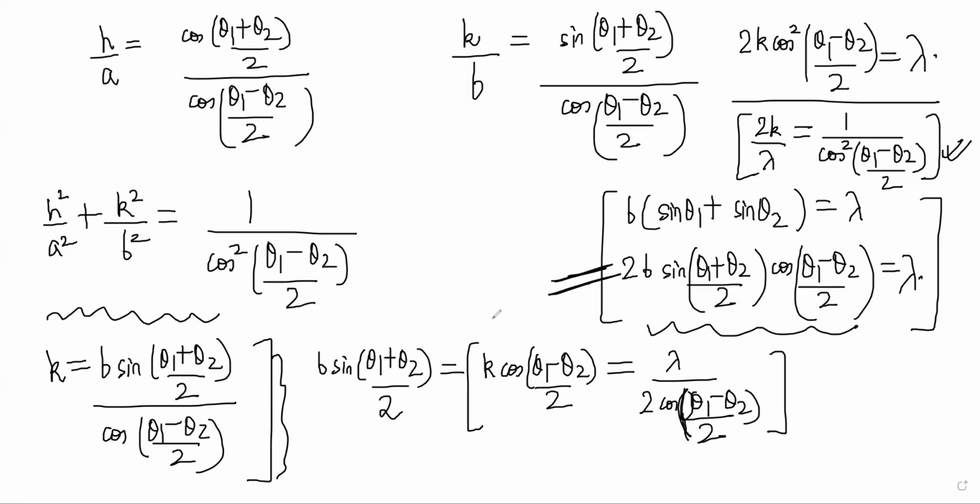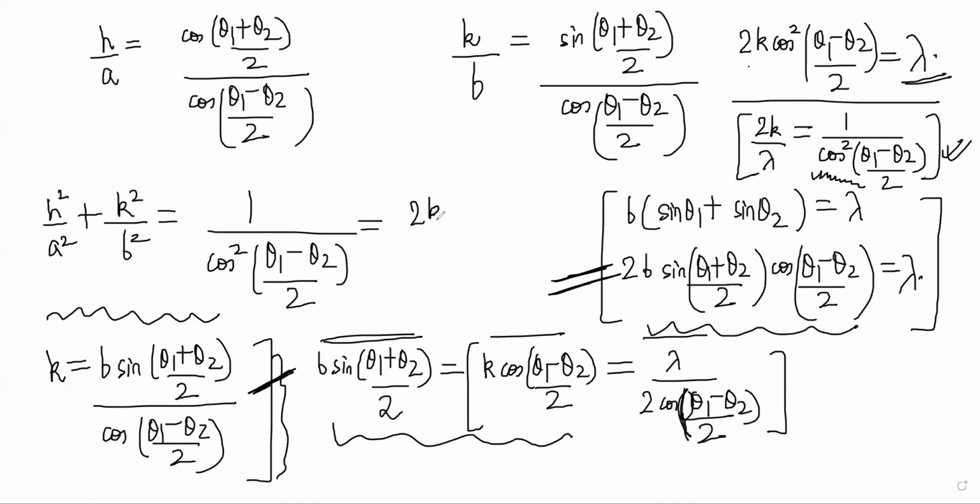We are using this result and this result to get this equality. When you say b sine (theta 1 plus theta 2)/2 is equal to this and also equal to this, from there we got 2k cos square (theta 1 minus theta 2)/2 is equal to lambda. And from here I get the value of 1 by cos square (theta 1 minus theta 2)/2, which is 2k by lambda. So here we can write it as 2k by lambda, right? So what we are getting now is h square by a square plus k square by b square is equal to 2k by lambda, right?